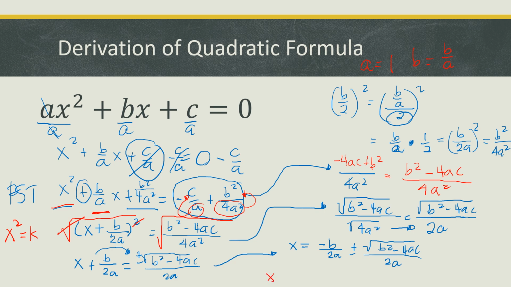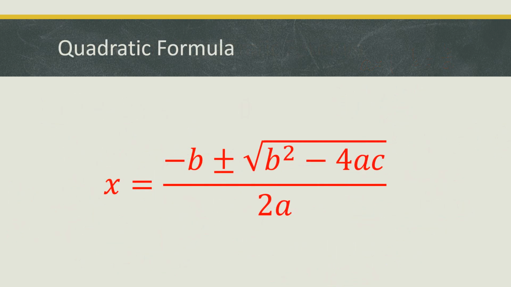All in all, we have negative b plus or minus the square root of b squared minus 4ac all over 2a. That is now our quadratic formula: x is equal to negative b plus or minus the square root of b squared minus 4ac divided by 2a.